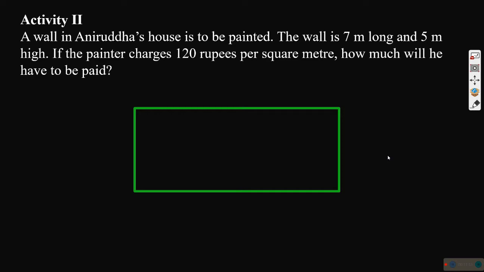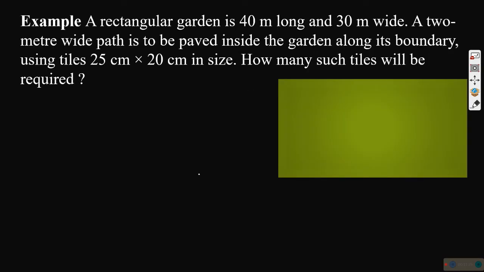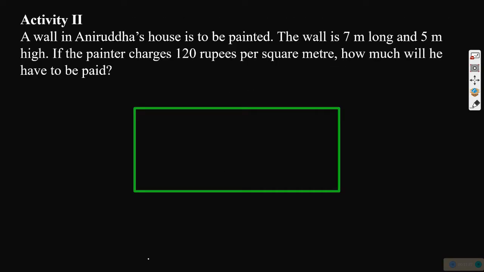Another activity is that the wall in Aniruddha's house is to be painted. This is the wall, understand it as a wall of a room. The wall is 7 meter long and 5 meter high.